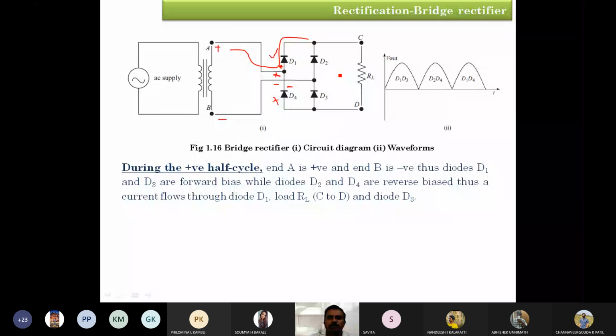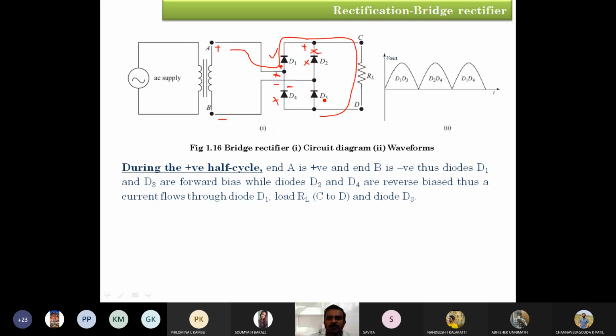So what is going to happen? Diode D2's cathode is facing positive polarity, so it is once again in reverse bias condition. No current is going to flow through diode D2, and the current, obviously, has to pass through the load resistor RL. Then once again it has to come to this point. Initially diode D4 is obviously in the off state, in reverse bias.